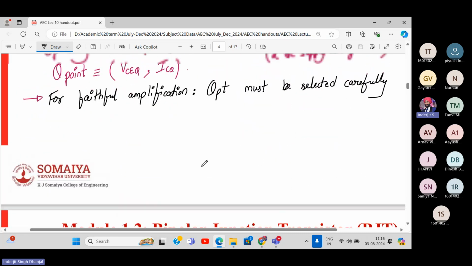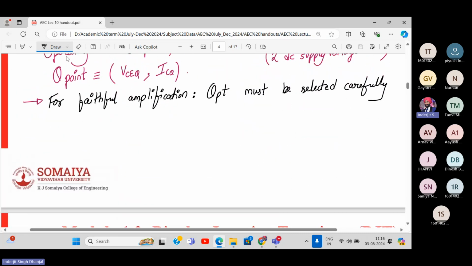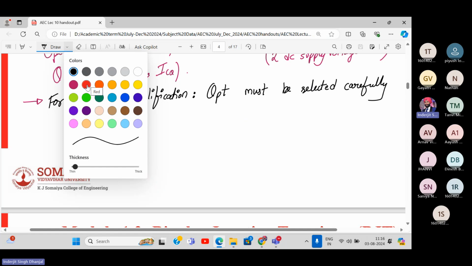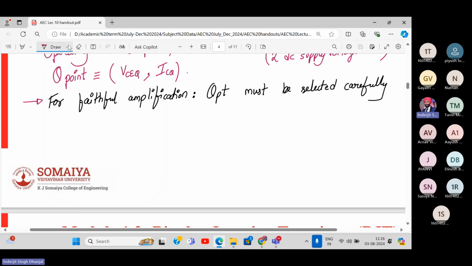Okay, can we go to the next point? Yep. So now comes the concept of DC load line in a BJT. It is also called DCLL for short. All right.